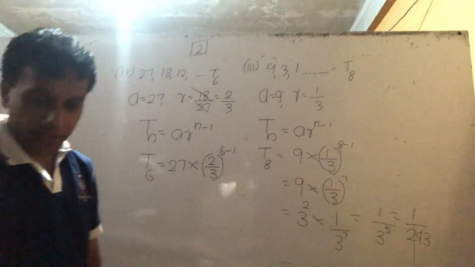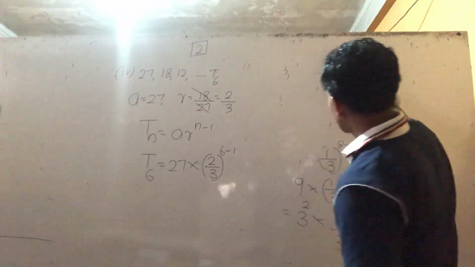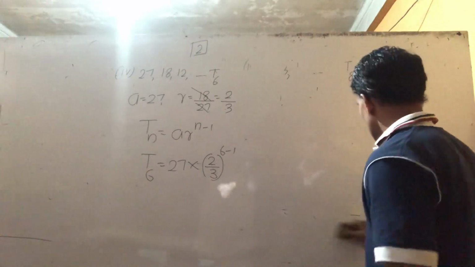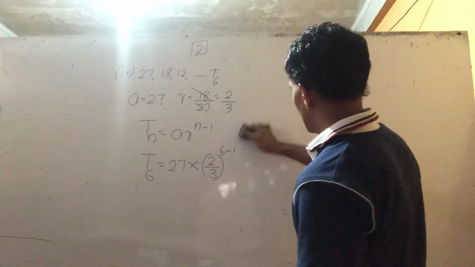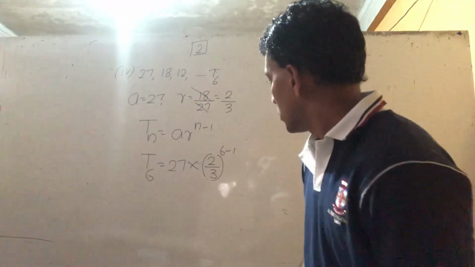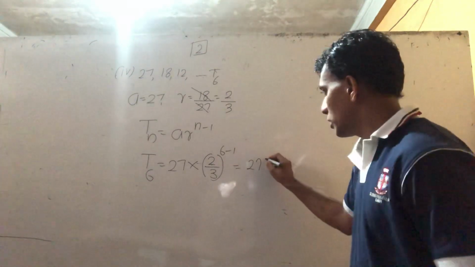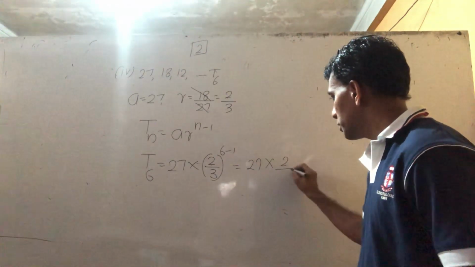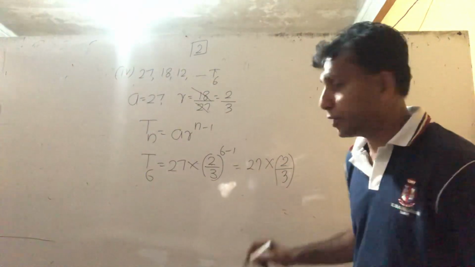Now simplify and get the answer. So that's 27 multiplied by 2/3, 6 minus 1 is 5.